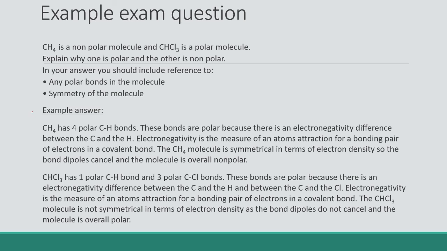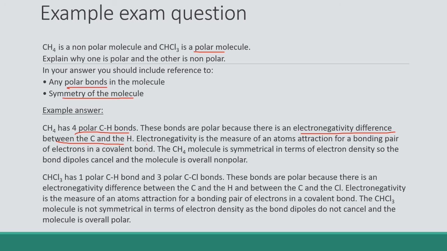Here's another example. Methane is a nonpolar molecule, and the CHCl3 is a polar molecule, and then you say why. So you need to say about polar bonds and then the symmetry of the molecule. So methane has 4 polar bonds. These bonds are polar because there is an electronegativity difference between the carbon and the hydrogen.